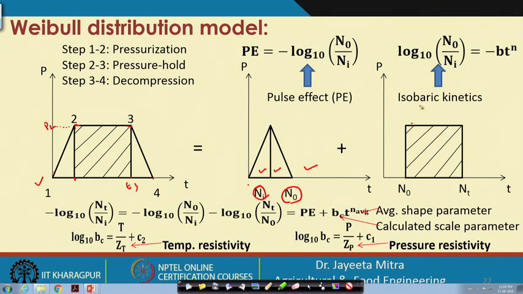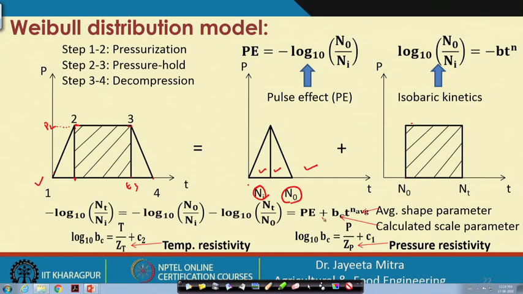and in the other case, the isobaric kinetics, that effect is visible as log10 N0 by Ni equal to minus B T to the power n, right. Okay. So, altogether when the destruction is from the initial to the final one, minus log10 Nt by Ni is equal to this pulse effect, minus log10 N0 by Ni, plus the other isobaric kinetics.